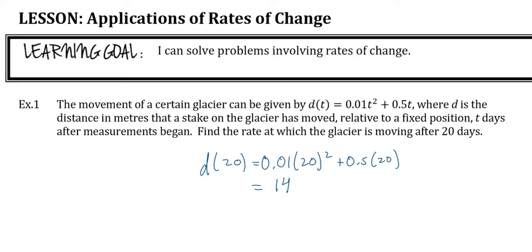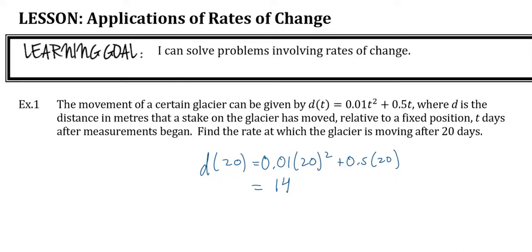That stake on the glacier has traveled 14 meters in 20 days. And if we wanted, we could turn that into a rate: 14 divided by 20 would be 0.7 meters per day. That's the average rate of change that the glacier has moved over those 20 days.